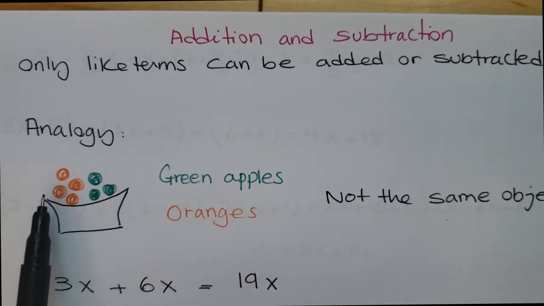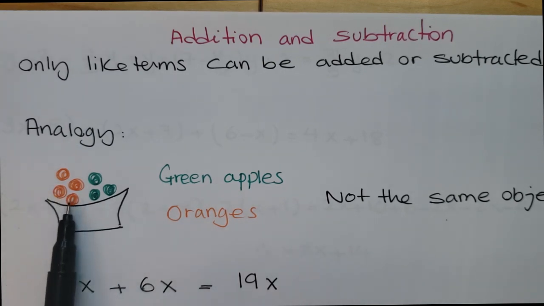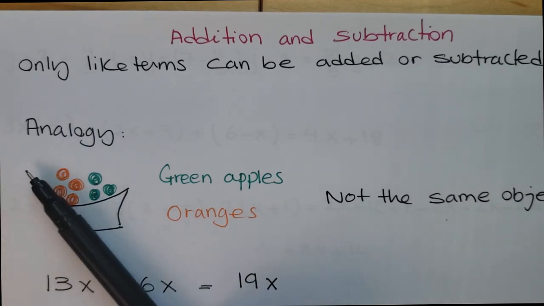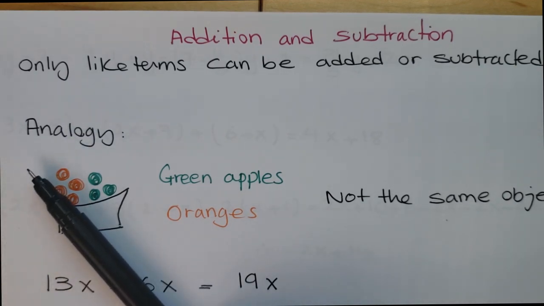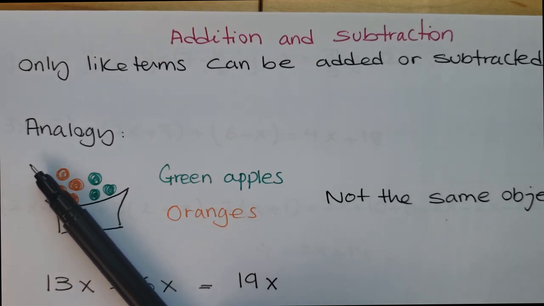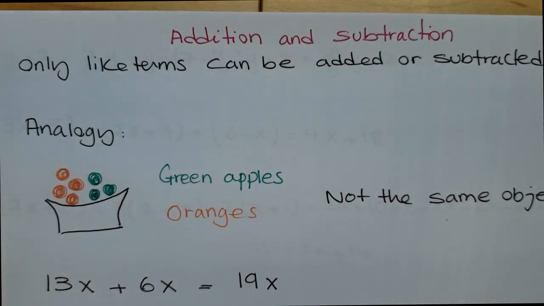Or if I take away 2 oranges, you would say I'm left with 2 oranges and 3 apples, right? You subtract oranges from oranges, not oranges from apples, right? Because they are different objects.